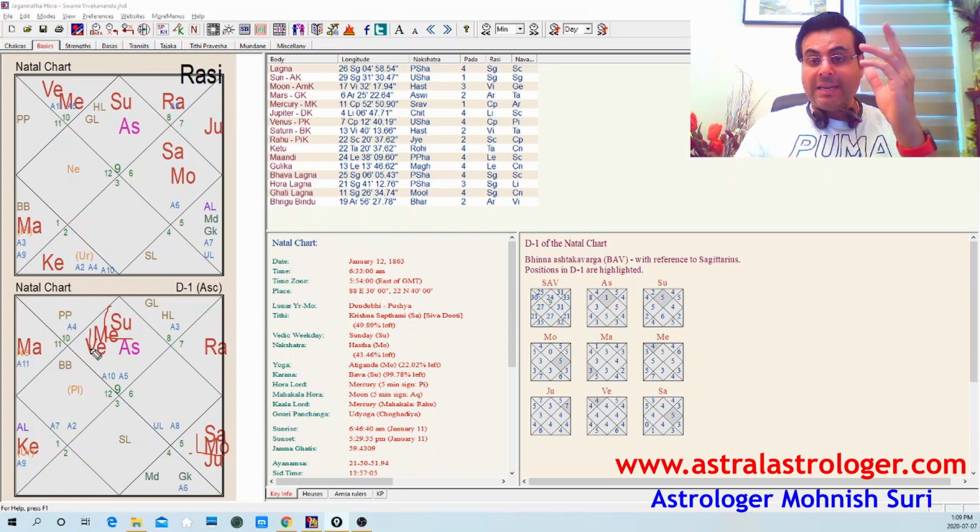Mercury represents your analytical skills, your problem solving techniques, your intelligence. Moon is your emotional mind, Mercury is your analytical mind. Sitting in the first house, creating your brand using your intelligence, meeting with people, connecting with people using your intelligence.